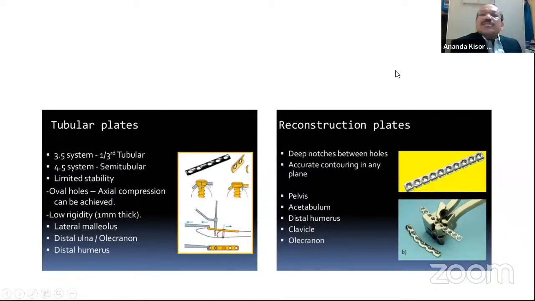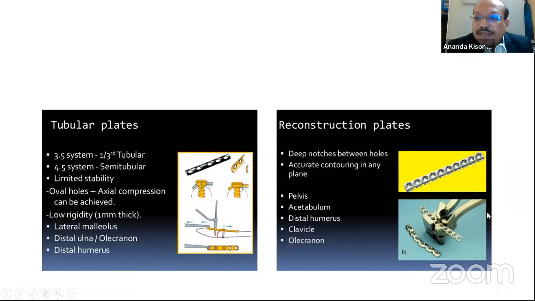Reconstruction plate. What is the specialty of the reconstruction plate? Basically, the plate has three planes: the longitudinal plane, the transverse plane, and the rotational. Most plates can be bent in the longitudinal plane or in their axis, by rotation.